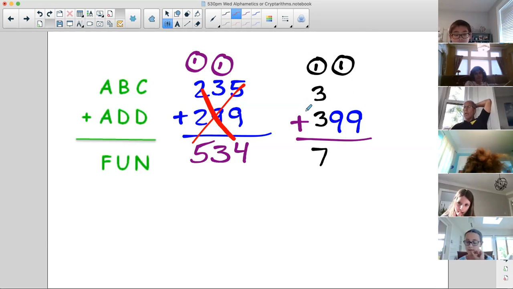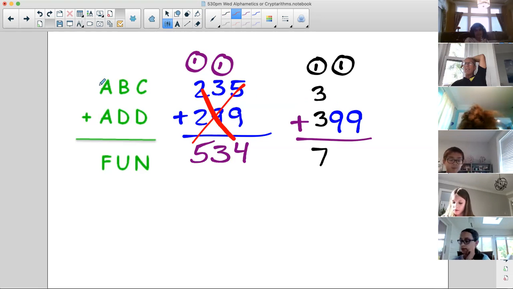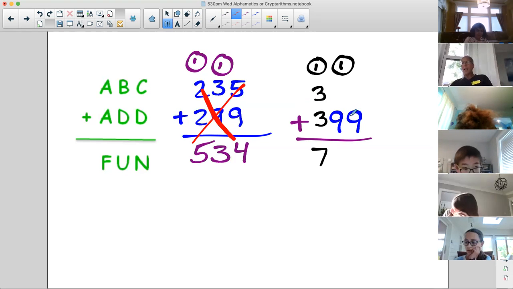Yeah, and so guys, I figured out that A must be 1, 2, or 3 if this is 9. And I had the same analysis as Rafa. Let's just try one more.